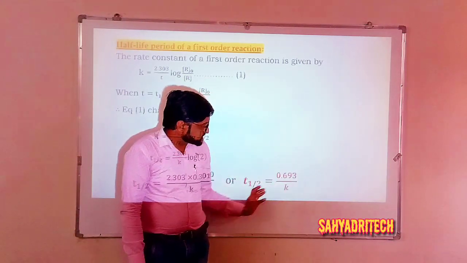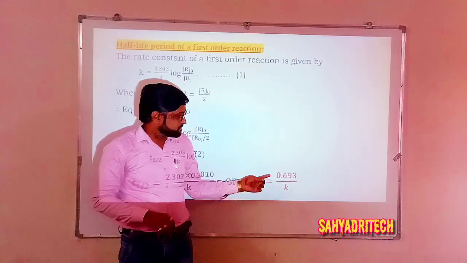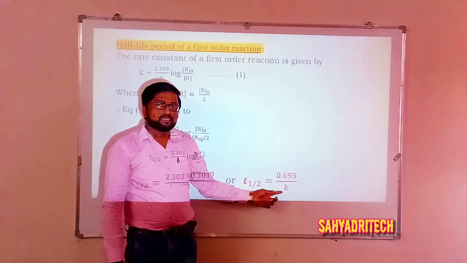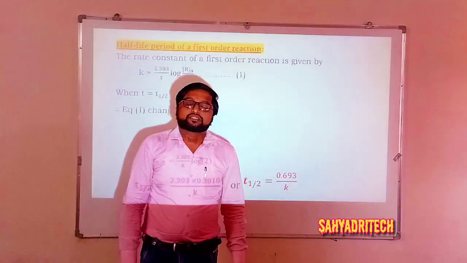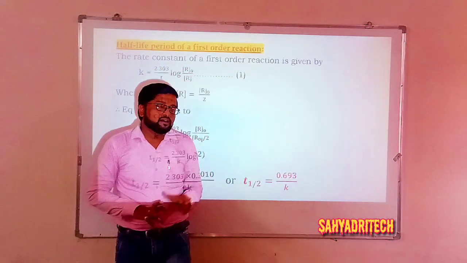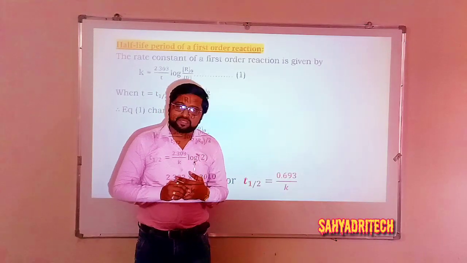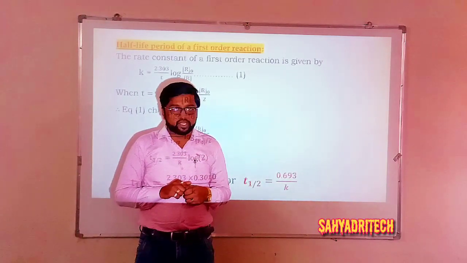And when I look at the expression, there are no concentration terms involved. Just 0.693 divided by K. In the sense, I can say the half-life period of a first order reaction doesn't depend on the initial concentration of reactant. On the other hand, for zero order, what is the expression we got? T half is equal to R naught divided by 2K.